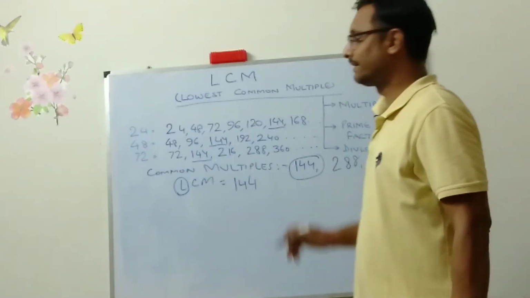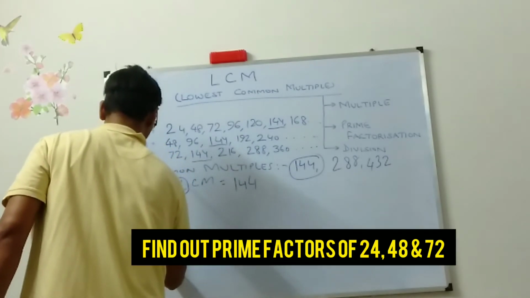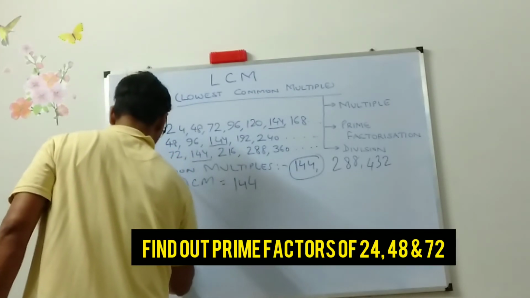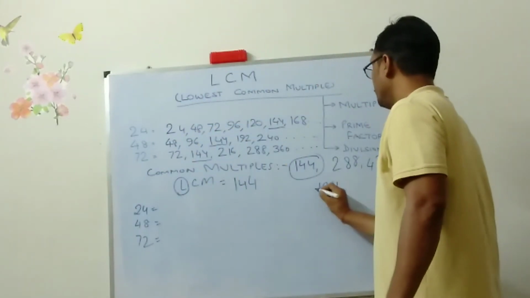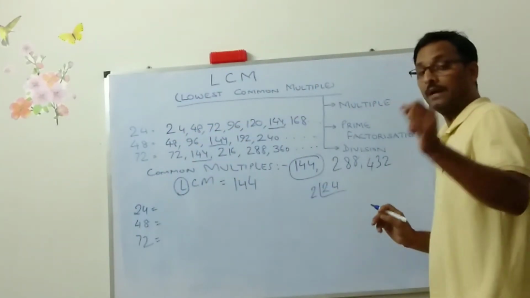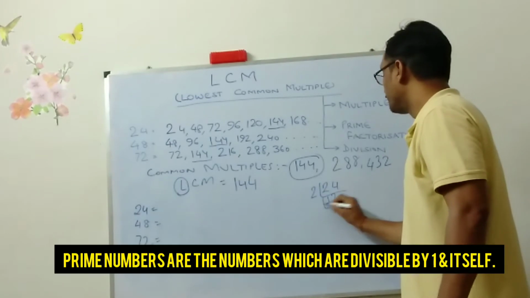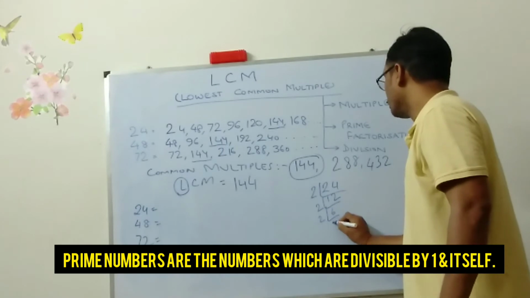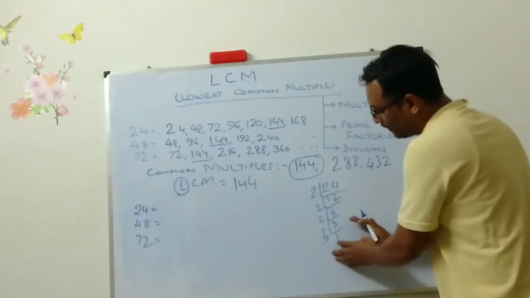Now come to prime factorization method. How are we finding out? 24 divided by prime numbers. The lowest prime number is 2. 2 12s are 24, 2 6s are 12, 2 3s are 6, and you keep on dividing it until you get 1.